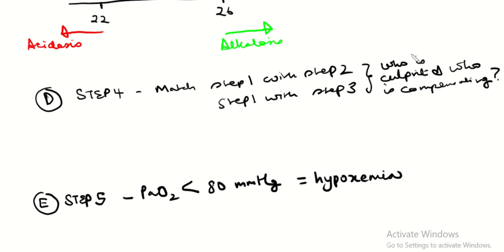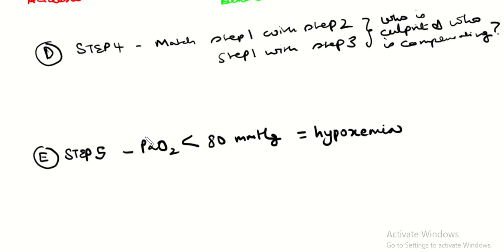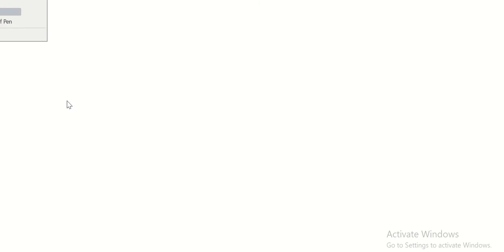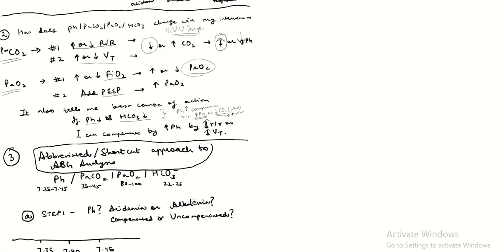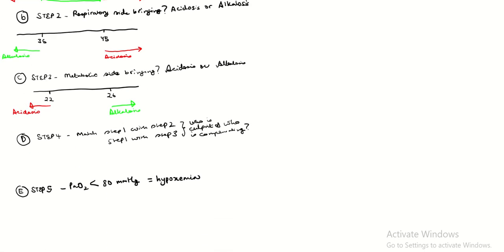This helps you determine who's the culprit and who's compensating. And the last step is to add PaO2 interpretation to this, which will tell you whether there's hypoxemia or not. Anything less than 80 is hypoxemia. And that's acid-base disorders.